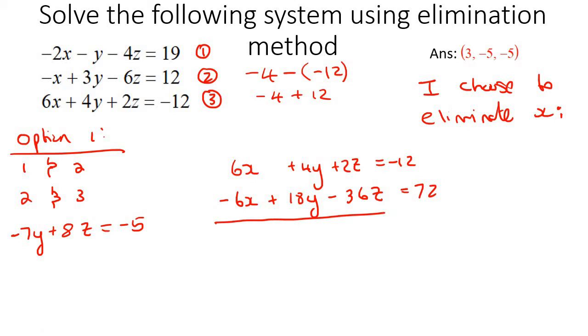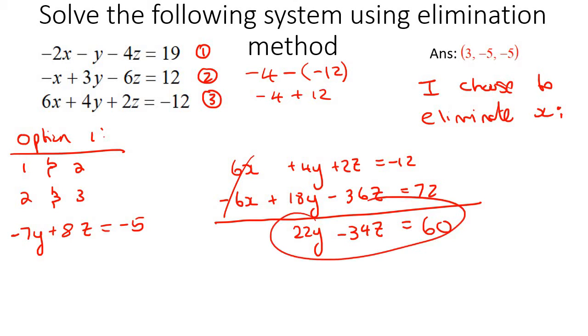Now I'm going to add these two together because 6 take away 6, plus minus 6, is going to be 0. So that cancels. 4 plus 18 is 22. This is 2 take away 36, which is negative 34. And then negative 12 add 72 is 60. And there we go. We eliminated x.